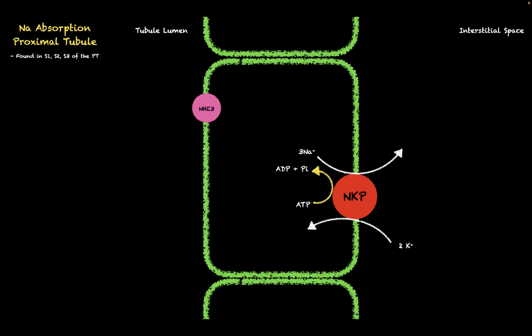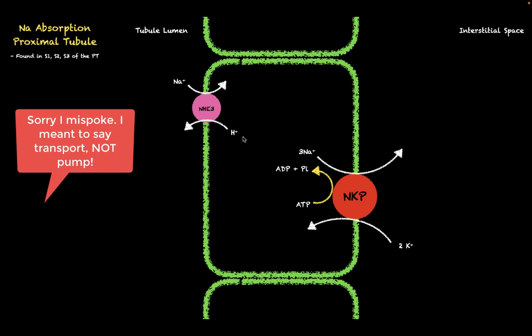So what this protein does is it basically couples the downward movement of sodium to the uphill movement of hydronium ions. So basically what it does is it brings sodium down its electrochemical gradient into the cell, uses that energy in order to pump hydronium ions against its gradient out into the tubule lumen.